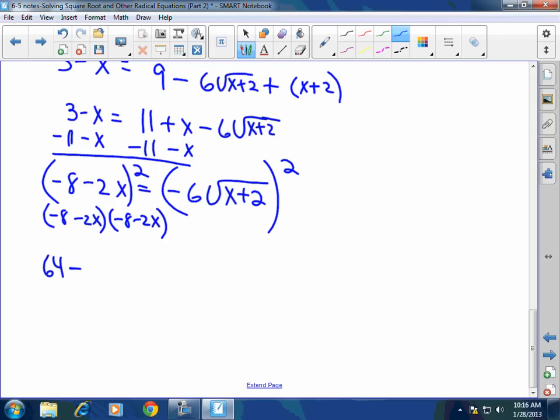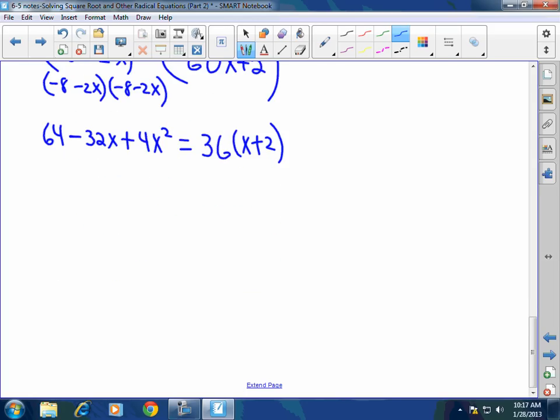So 16x times 2, that's 32x, plus the second term squared, which is 4x squared, equals 36 times x plus 2, because negative 6 squared is 36, and then the 2, when you raise a radical to a power of 2, it cancels the radical. So then I have 64 minus 32x plus 4x squared equals 36x plus 72.